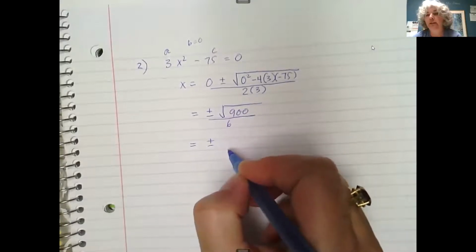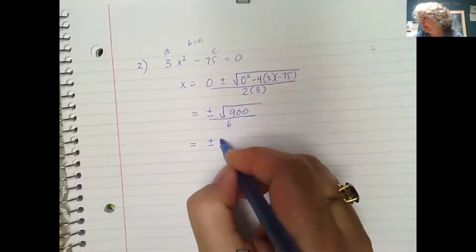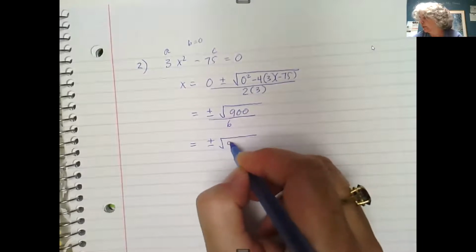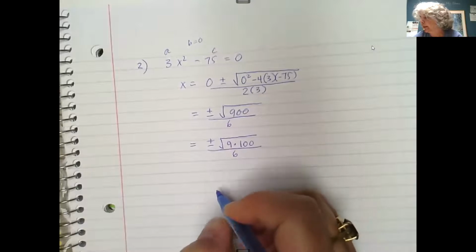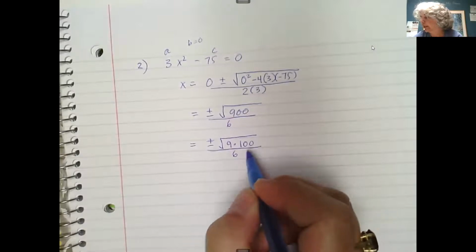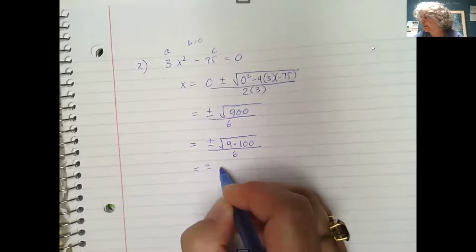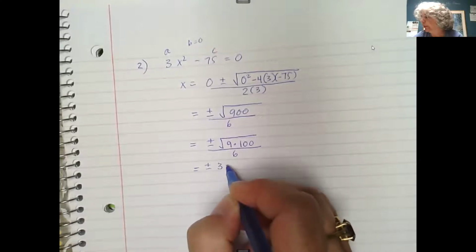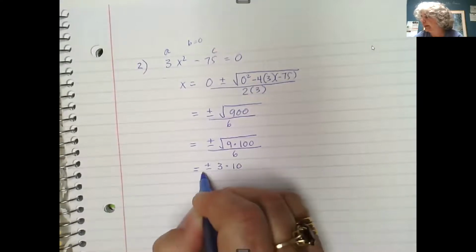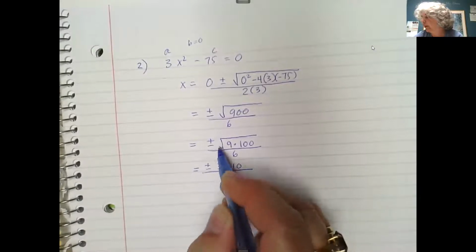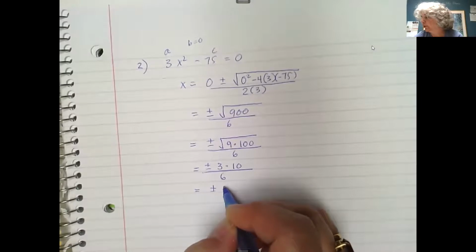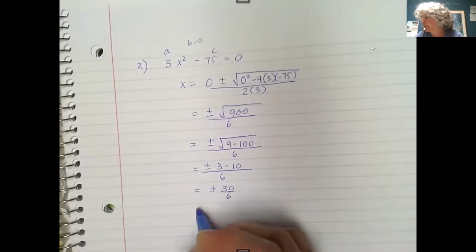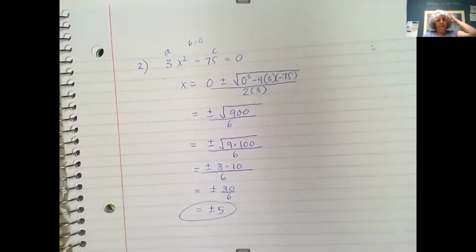This is where simplifying square roots comes in handy. So 9 times 100, I can think of it like this, right? And then I can take the square root of 9, and I can take the square root of 100. Plus or minus, the square root of 9 is 3, and the square root of 100 is 10. So I've broken out, and I've gotten rid of the square root. So I have plus or minus 30 over 6, which is plus or minus 5. And those are my two answers, plus or minus 5.